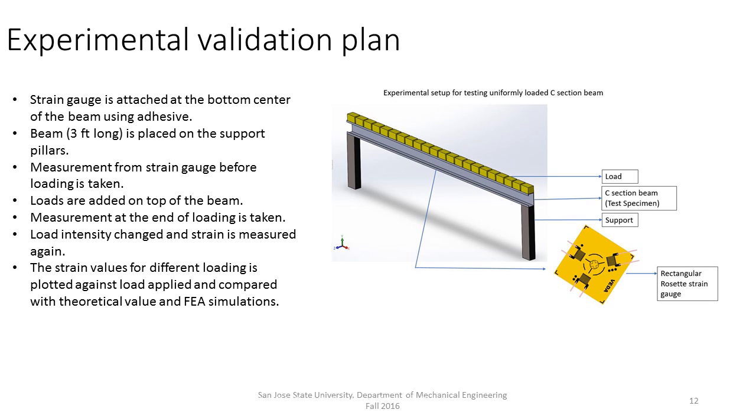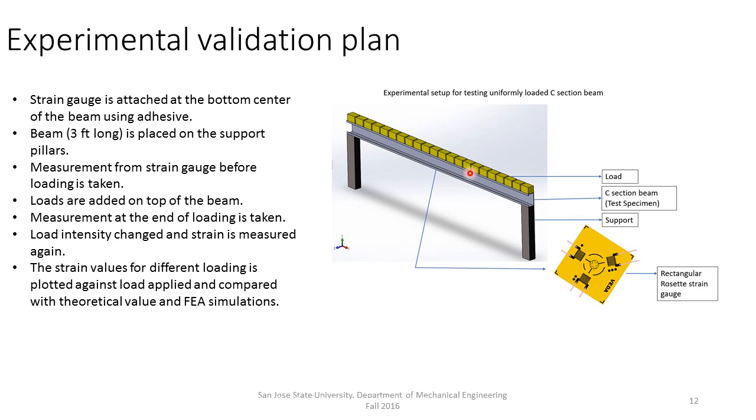For the experimental validation plan, we'll be using a strain gauge, which will be attached at the bottom center of the beam using adhesive. The beam, 3 feet long, is placed on the support pillars, depicting the vertical struts. Measurements from strain gauge before loading will be taken.